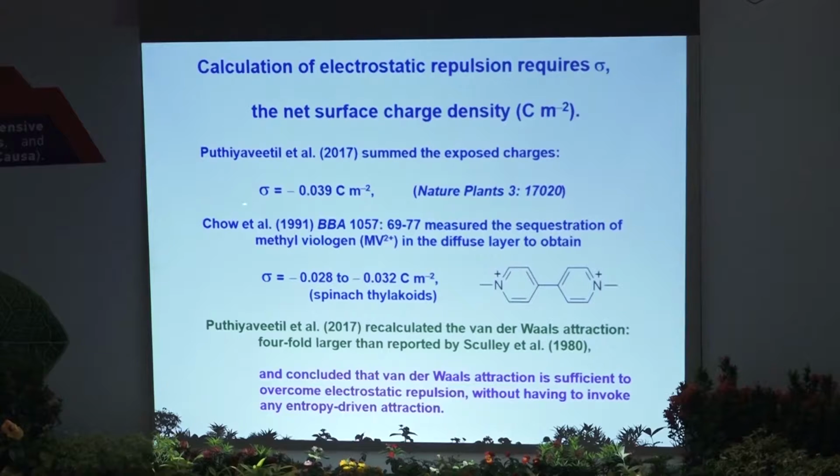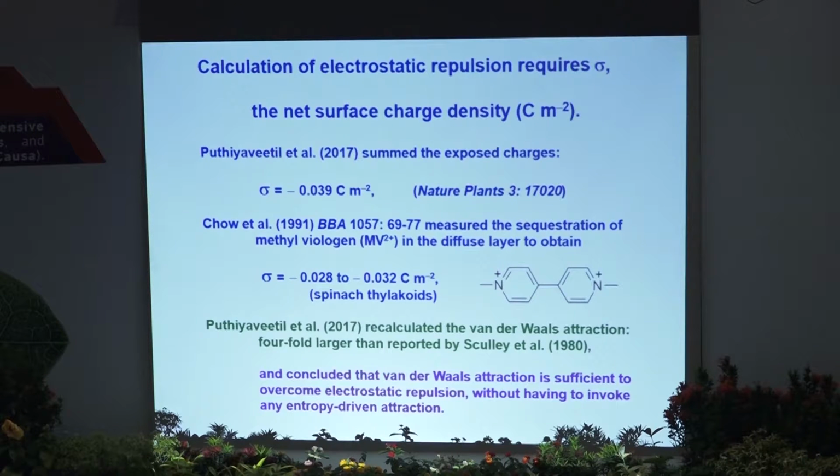And we measured back in the 1990s a value which was slightly less negative than that. We used a divalent cation, methyl viologen, and measured the amount of it sequestered in the diffuse layer and arrived at a figure like this for spinach thylakoids.